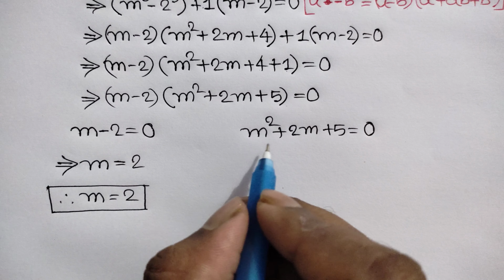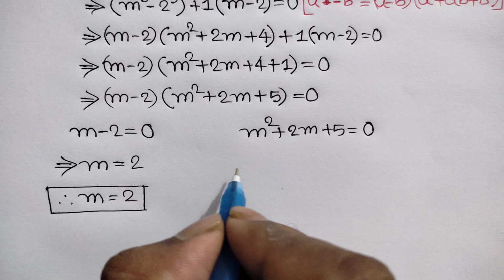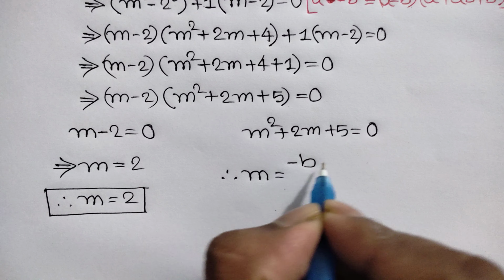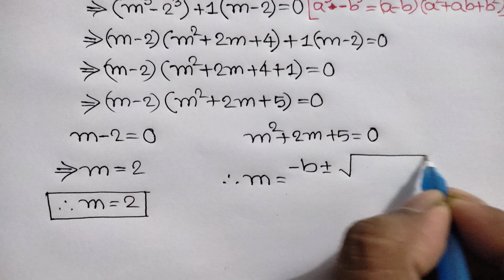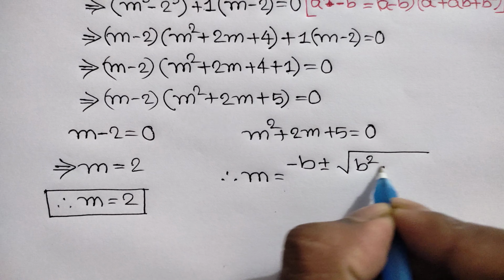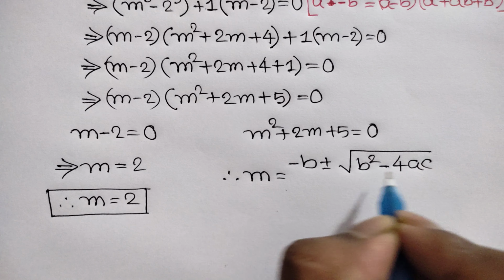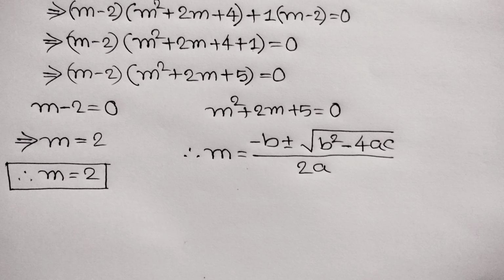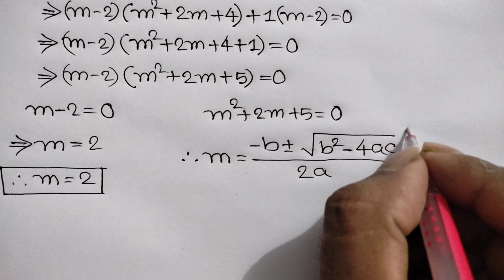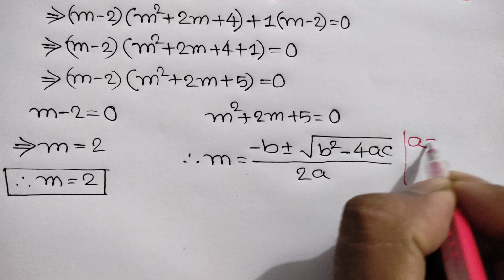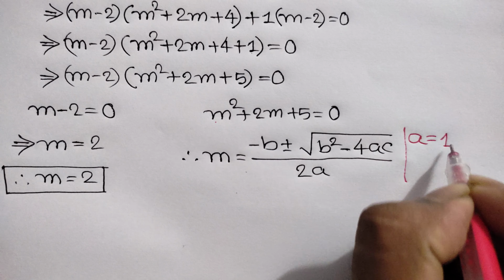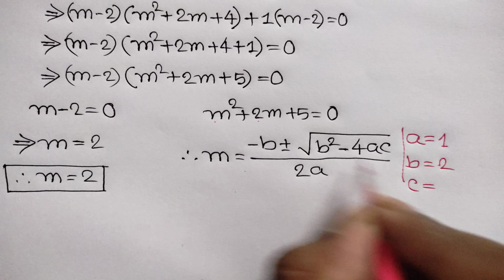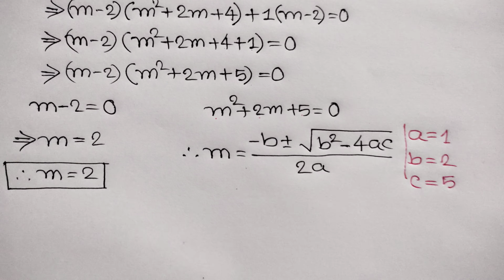Then from here we can use quadratic formula, so we can write here m is equal to minus b plus or minus square root of b square minus 4ac over twice a. Here a is equal to 1, b is equal to 2, and c is equal to 5.